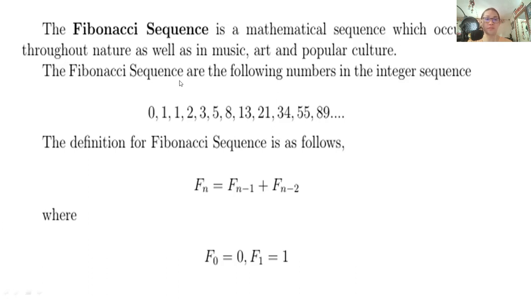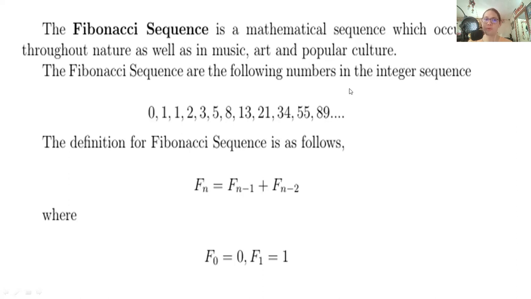As you can see, there are Fibonacci sequences that start with 0, and others will use 1 as their starting point, or starting term. In this example, we start our sequence at 0. We have 0, 1, 1, 2, 3, 5, 8, 13, 21, 34, 55, 89.